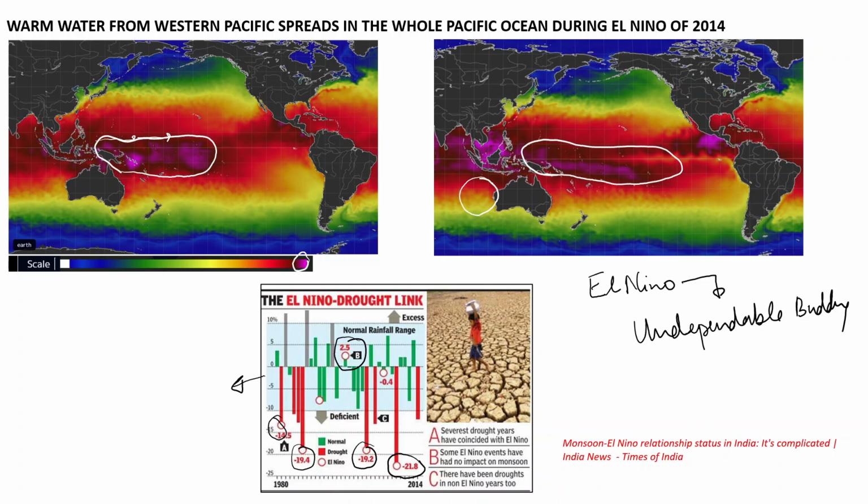You can never have a linear relationship between atmospheric phenomena and say that in a particular year there will be rainfall, or in another year there won't be any. Several people have predicted El Nino and said that this year the rainfall will be very less, but the rainfall was more than normal, and vice versa. Several times El Nino has caused the predictive models to fail, and thus we can call El Nino an undependable buddy of the Indian summer monsoon.